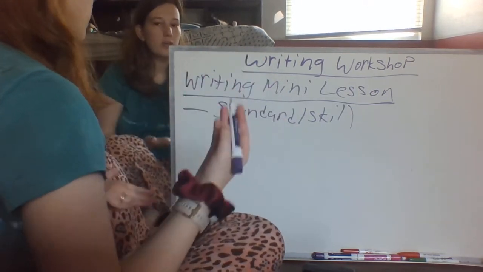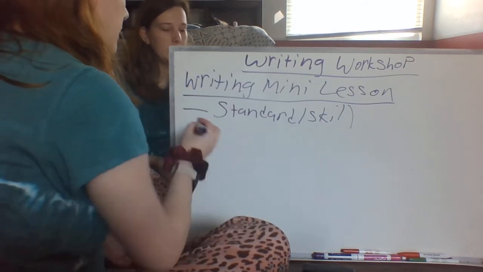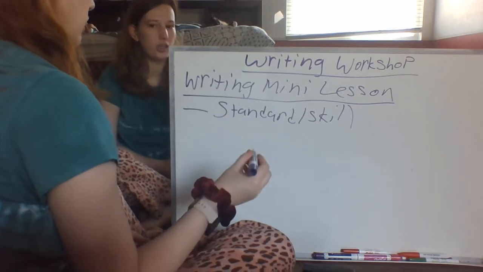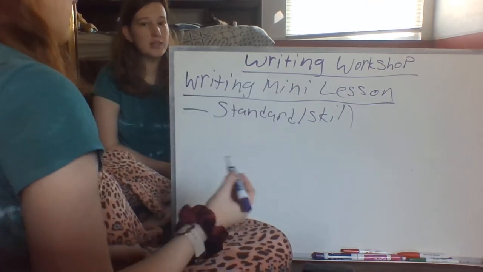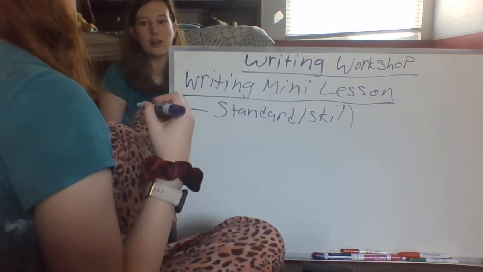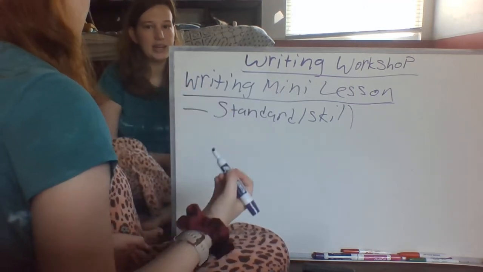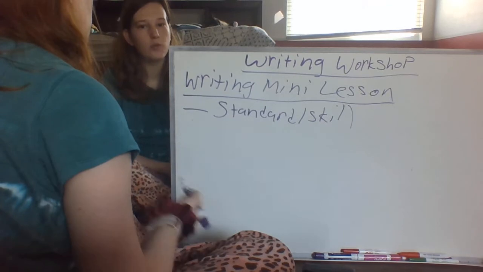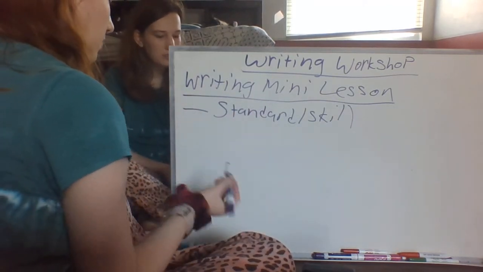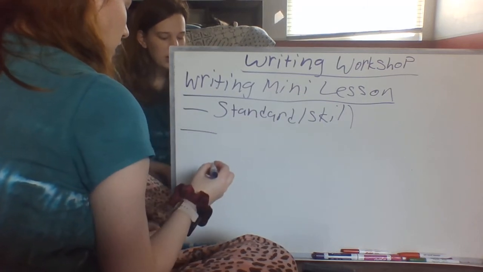So one thing I definitely want to make sure that I'm doing is emphasizing a standard or skill that the students need to be working on. If this means that I have to reteach something because I'm noticing students are not understanding it as well as I thought they were, then that's also when you need to do some reteaching. So, standard or skill.